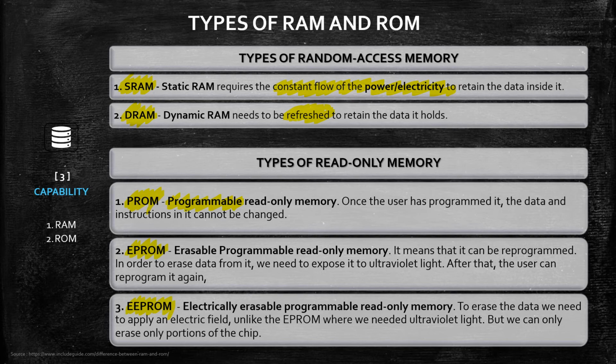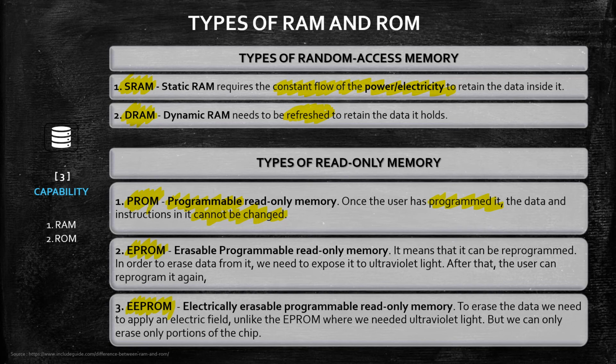Once the user has programmed it, the data and instructions cannot be changed. It is a one-time writing operation, and after that you can't do anything with the written instructions. So that is the programmable ROM.